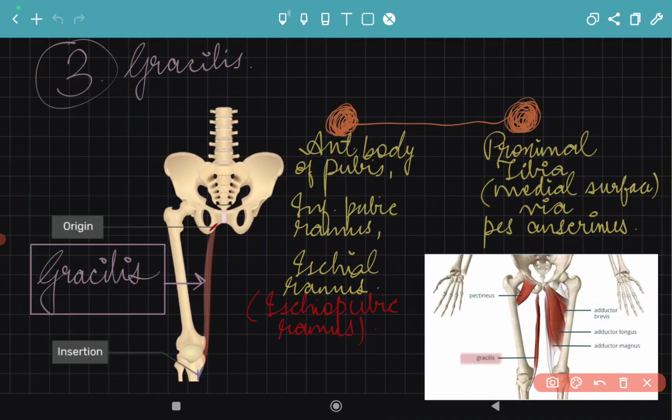Now next is the gracilis muscle. So from where it originates? From the ischiopubic ramus and the anterior body of pubis, and it travels and inserts to again the proximal tibia at the medial surface of the tibia, again via the pes anserinus, where the sartorius was also inserting with the common tendon.